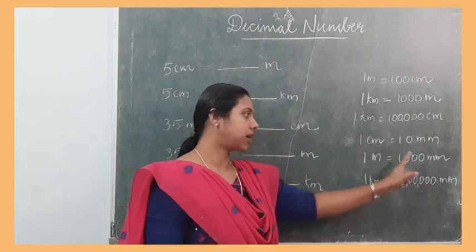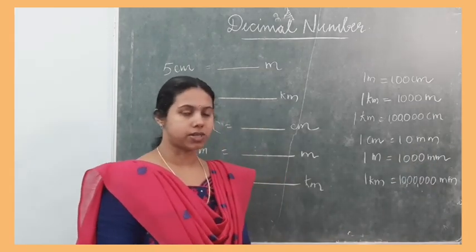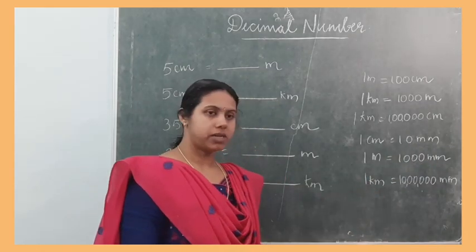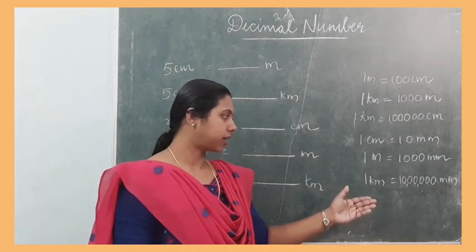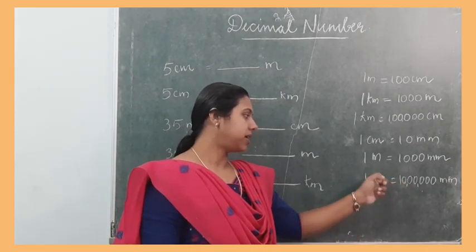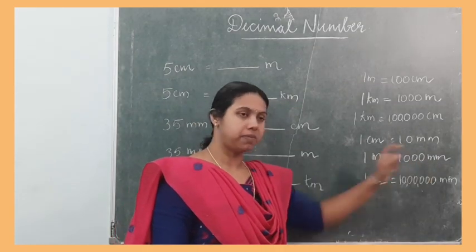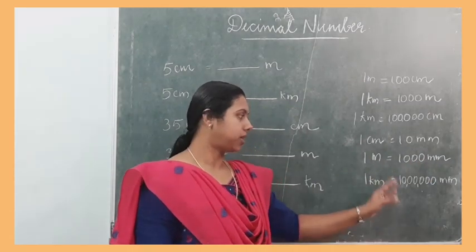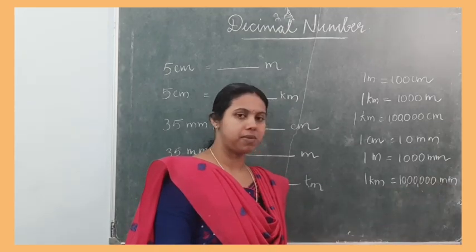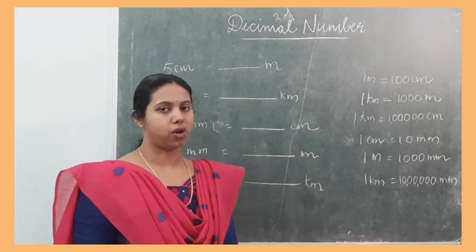So 1 kilometer is 1000 into 1000, 10 lakh millimeter.